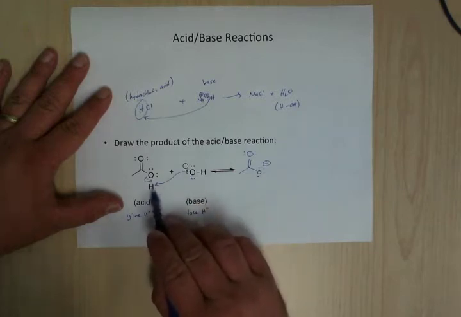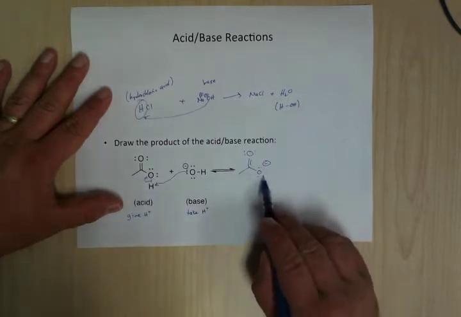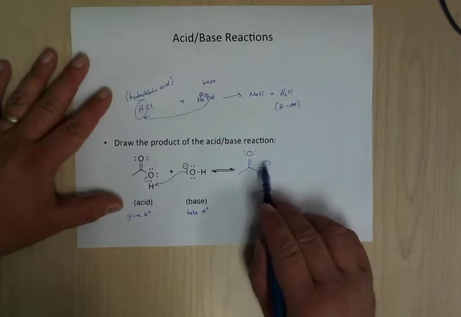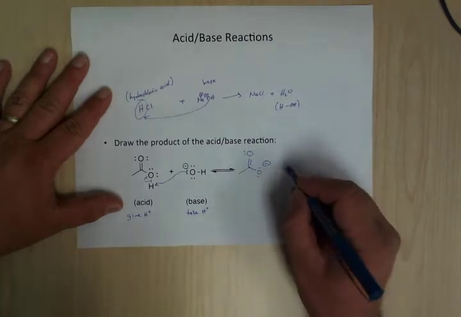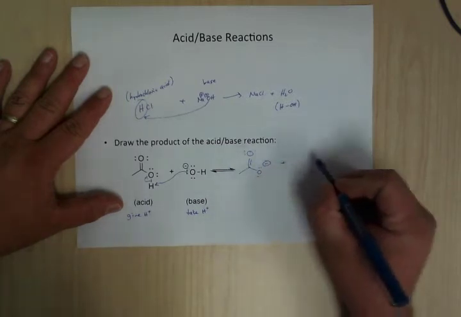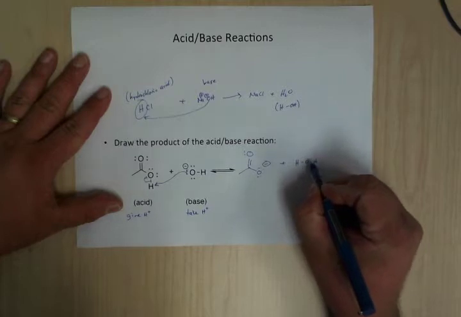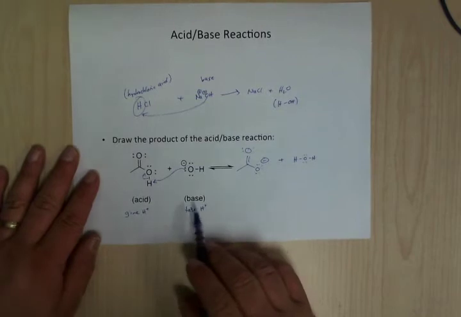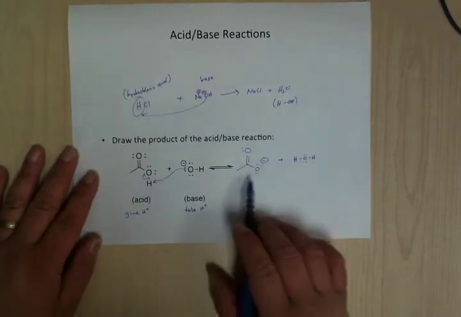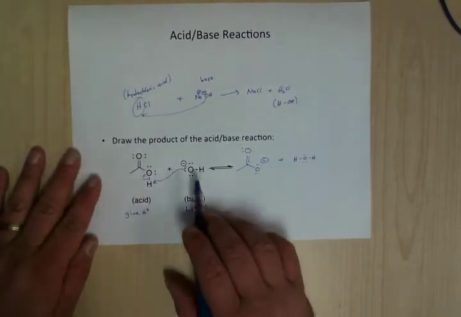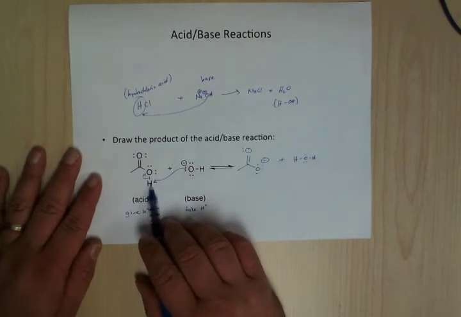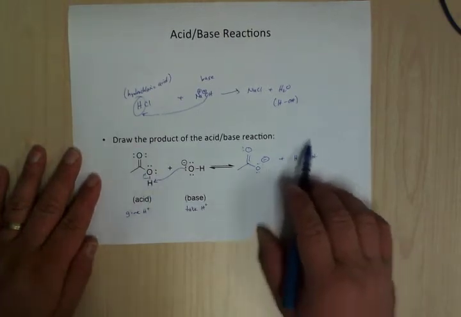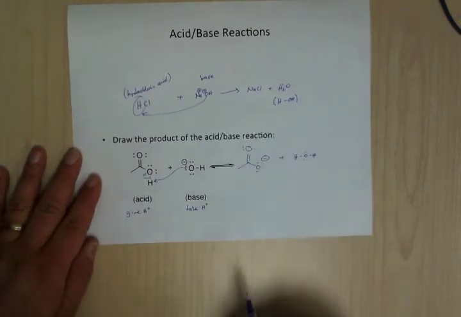The hydrogen only needs 1 bond, so these 2 electrons get pushed up, so you end up making a third set of electrons here, which gives this oxygen a negative formal charge, plus HOH. So those are your products. I'll tell you which one's acting like the acid and which one's acting like the base, but they all work exactly the same way. The base is going to come in, grab a hydrogen, rip it away, to leave you this.